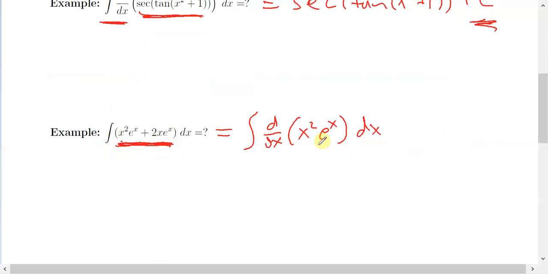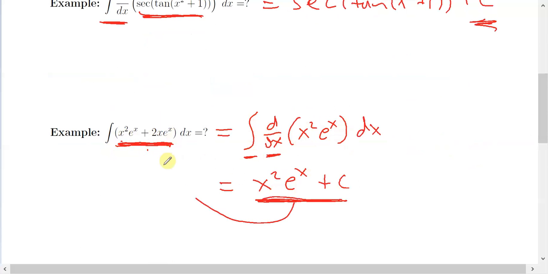There's your product rule. But once I can recognize it's a product rule and rewrite it in that notation with the derivative inside the integral, we know that the integral is going to wipe out that derivative, and I'm just going to get x squared e to the x plus a constant. You can always check yourself, remember, because I can differentiate this to see if I get this integrand back. Well, the derivative is e to the x times x squared plus 2x e to the x plus 0.